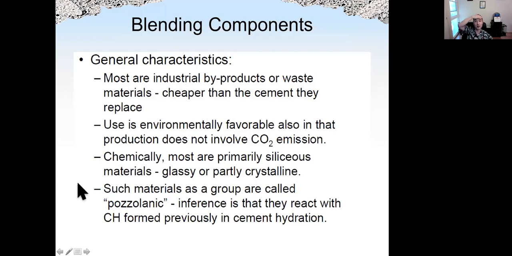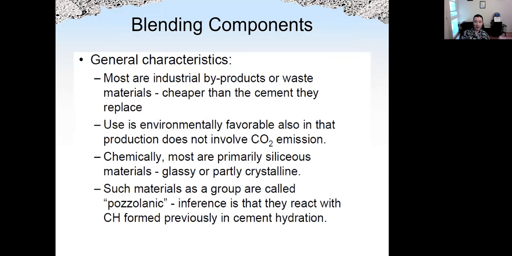All right, so let's look at these materials in more detail. Most of them are industry byproducts or waste materials. So typically, the price is cheaper than cement, except silica fume. It is environmentally friendly, because they do not involve the CO2 emission of the cement production process.